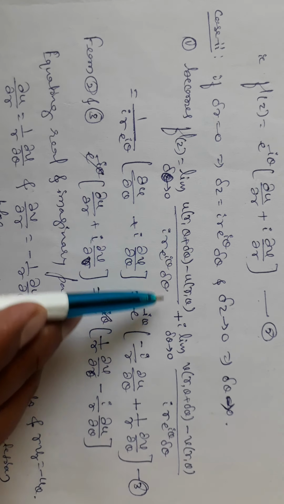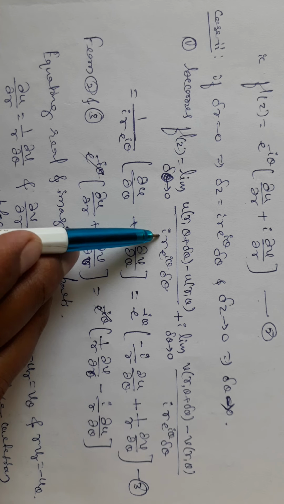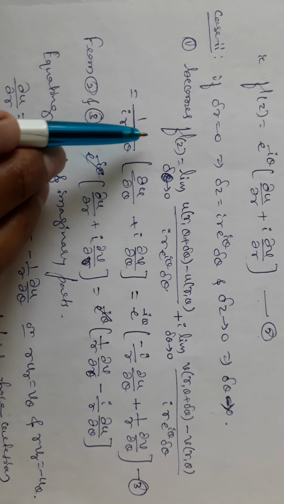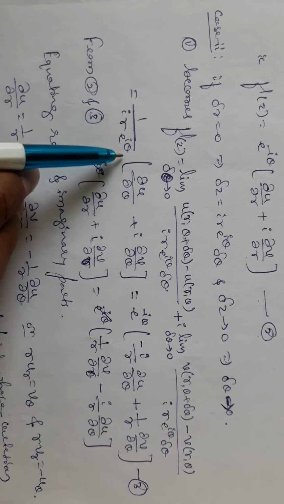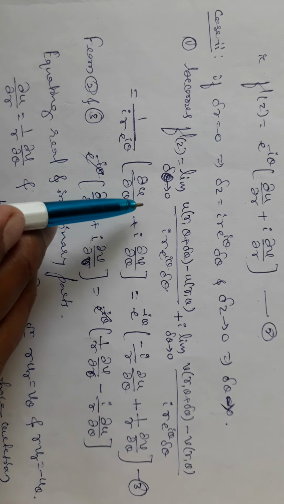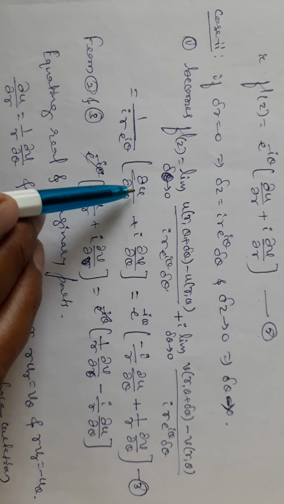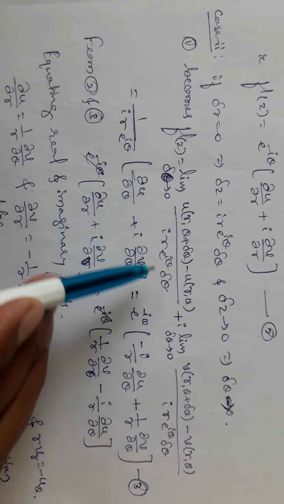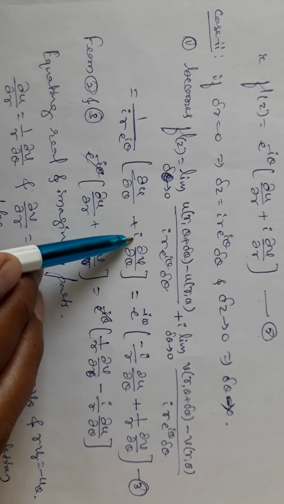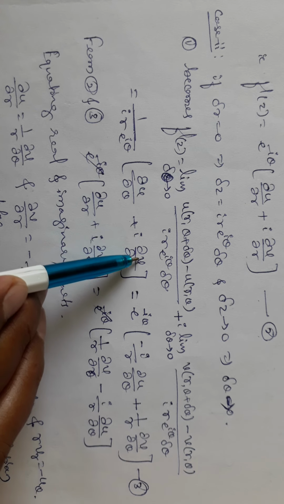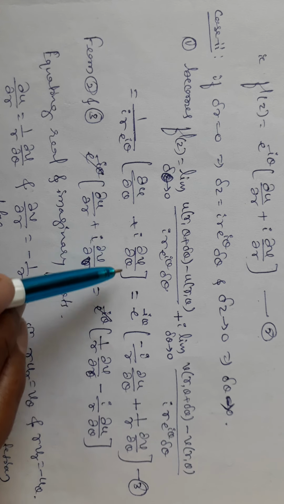Here in both the terms we have the common term i r e to the power i theta, therefore 1 divided by i r e to the power i theta into, from the first term, by the definition of partial differentiation we have dou u by dou theta, plus i into, from the second term by the definition of partial differentiation, dou v by dou theta.